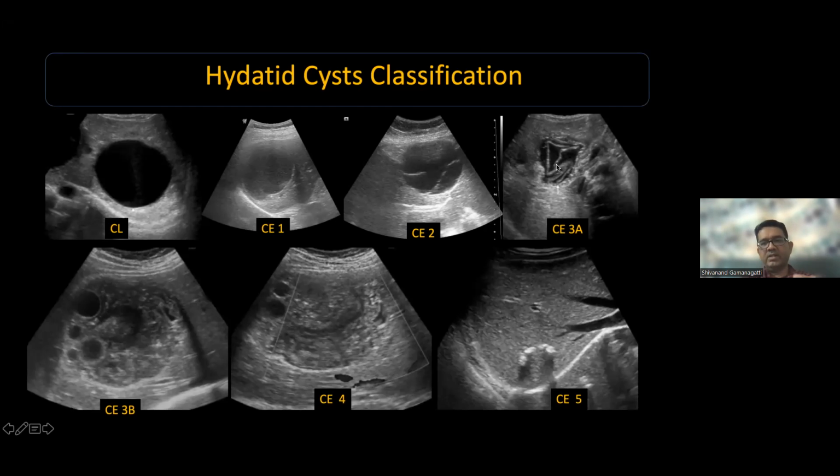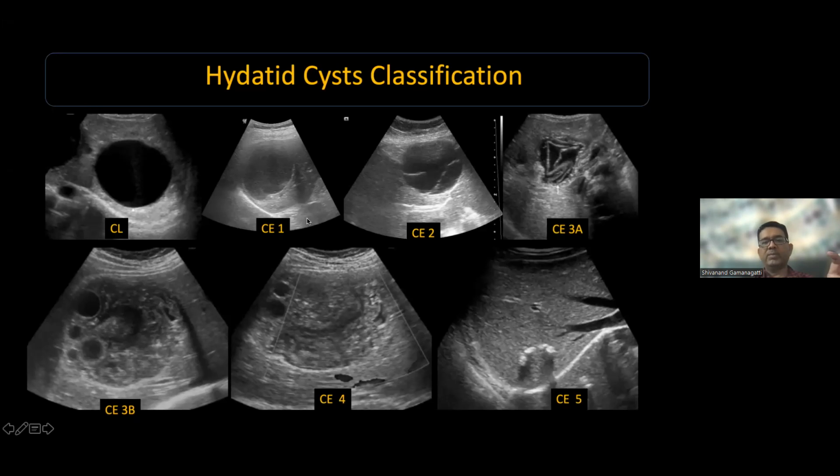Once you start seeing a crumpled membrane or solid areas, this becomes 3A, 3B, and 4. These are 3A, 3B, or a transitional phase. Whereas type 4, the cystic echinococcus 4 and 5, is nothing but calcified. These are inactive. Okay. So based upon the ultrasound appearance, we can classify it into various stages.